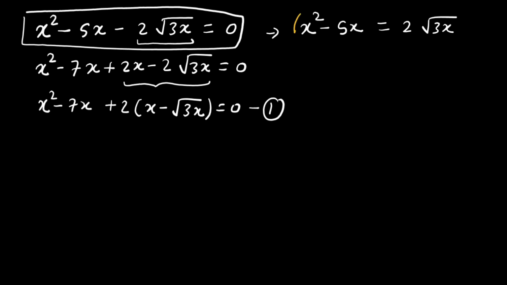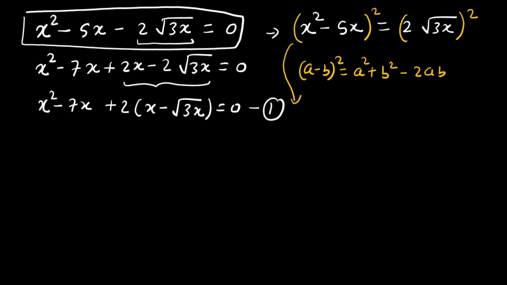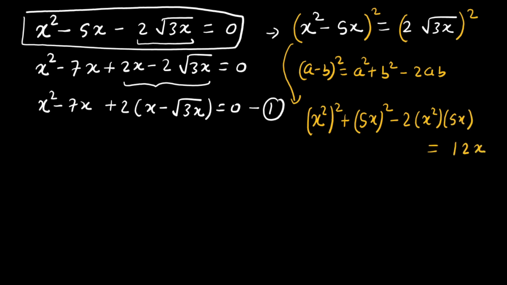Here if we take the square on both sides, then in the left hand side we will apply a minus b whole square, which is equal to a square plus b square minus 2 times ab. If we apply this rule in the left hand side, then we get x square whole power 2 plus 5x whole power 2 minus 2 times x square times 5x, and this is equal to 12 times x.